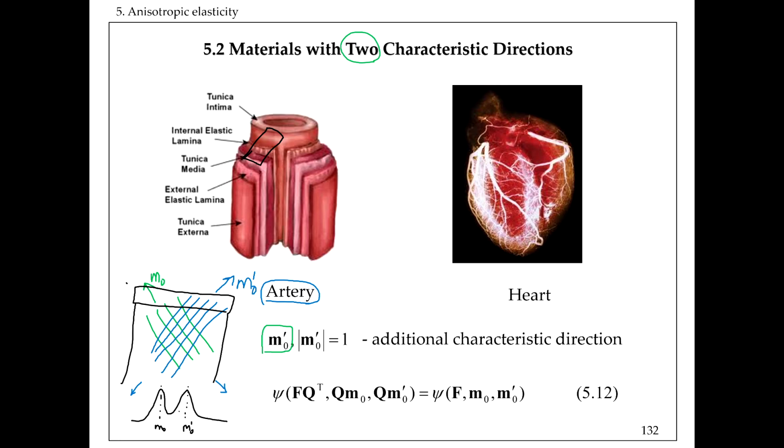But again, this provides a good justification for us to consider materials with two characteristic directions. So we'll just say, all right, let's say that the majority of the fibers are located in this direction and that direction. They provide the elastic function of the arterial walls under the conditions that they experience, and basically that would be the inner pressure that we apply here because of the fluid of the blood, right?